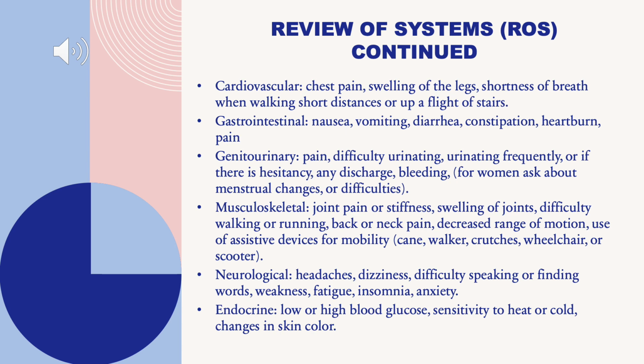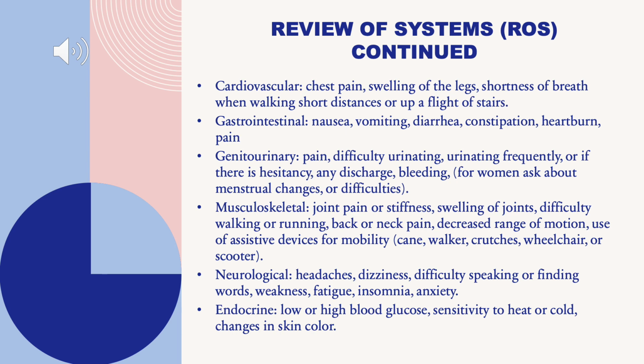So we're going to talk about the cardiovascular system. You're going to ask whether they've ever had chest pains, swelling of the legs, shortness of breath when walking short distances or even a flight of stairs. Gastrointestinal: whether they've had nausea, vomiting, diarrhea, constipation, heartburn, pain.